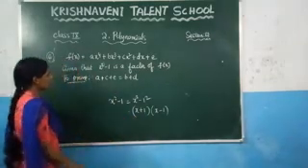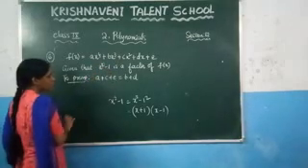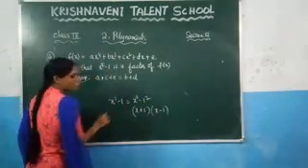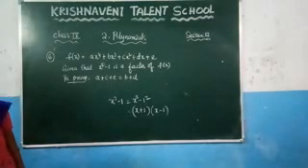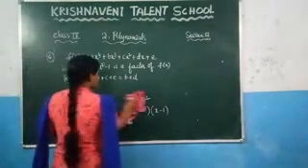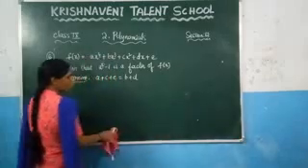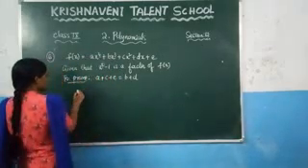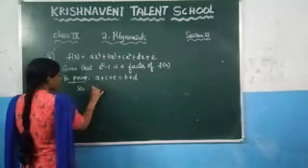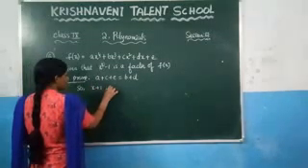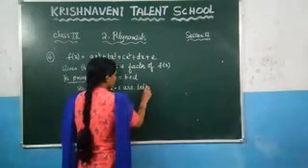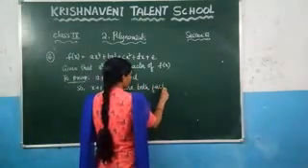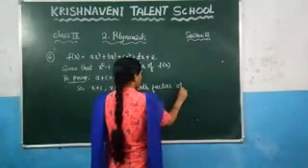Now here, in place of x square minus 1, you can write (x plus 1) into (x minus 1). They said that x square minus 1 is a factor of f of x, so x plus 1 and x minus 1 are both factors of f of x.